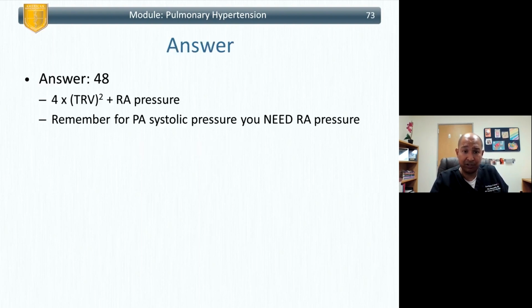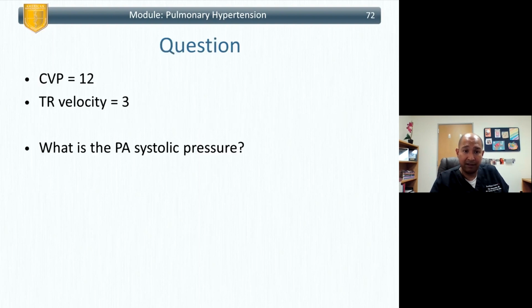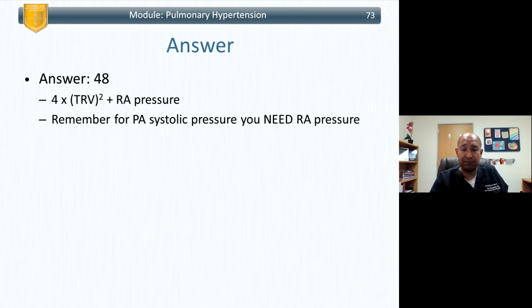And that's going to be 3 squared, which is what? 9. 9 times 4 is what? 36. 36 plus what? The right atrial pressure. And the surrogate for that is going to be the CVP, so it's like our right atrial pressure of 12. So it's going to be 36 plus 12, which is what? 48. So that's how they'll ask you a question on your critical care boards utilizing the Bernoulli equation.